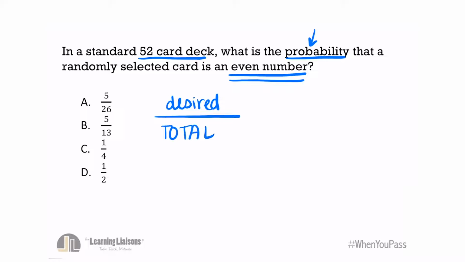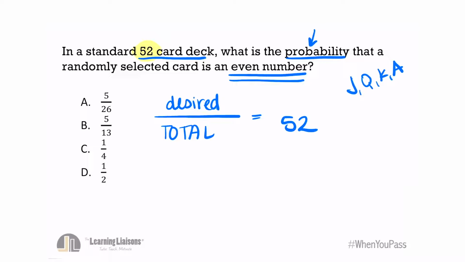I know my total number is going to be 52 because I have 52 cards. Now, what's the probability that it's an even number? If we're looking for an even number, the jacks, queens, kings, and aces don't count.